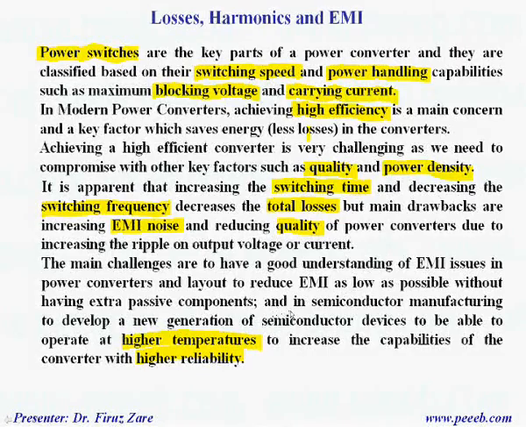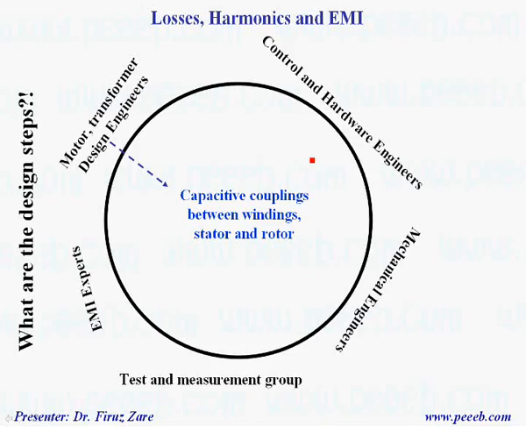And in semiconductor manufacturing, to develop a new generation of semiconductor devices able to operate at higher temperature to increase the capabilities of the converter with higher reliability. So what are the design steps?